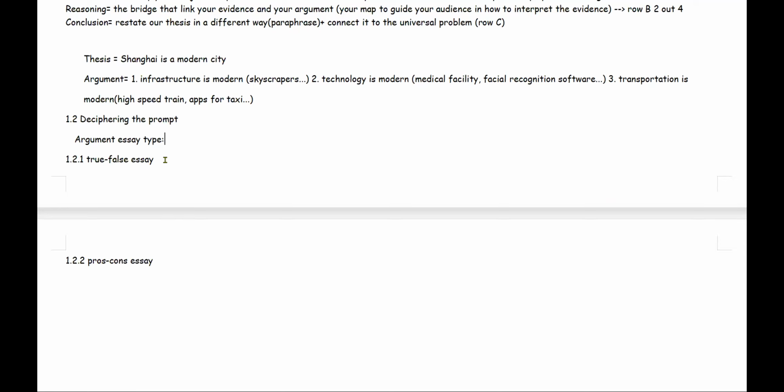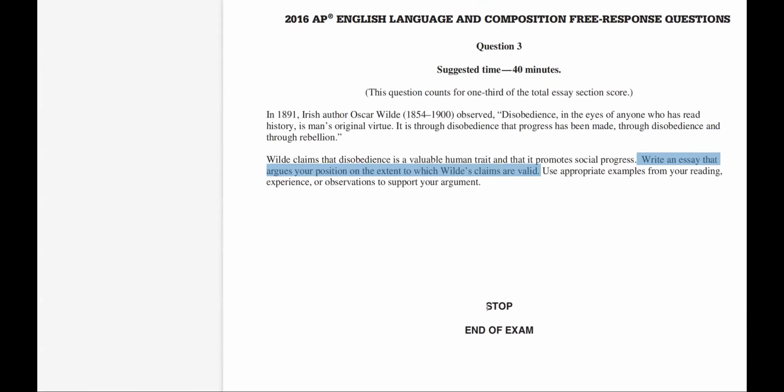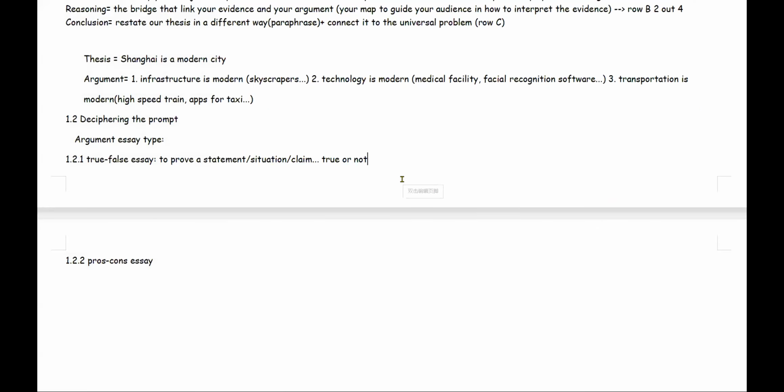All right. So what do we mean by true false? True false is to prove a statement or a situation or a claim, etc., true or not. All right. So let's use your Shanghai example.